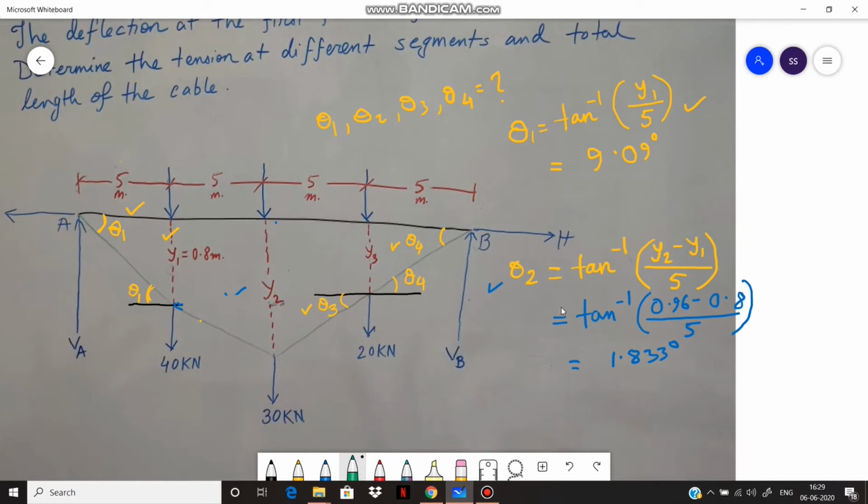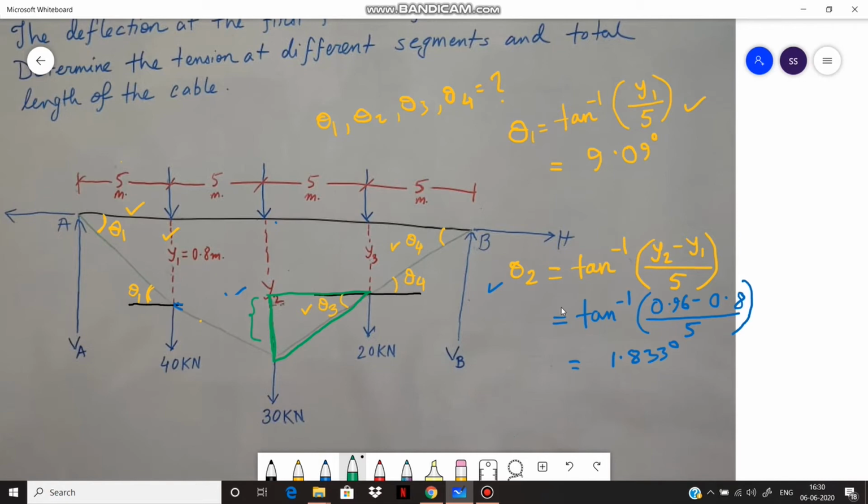Let us first identify the triangle, that is this one. In order to calculate the value of theta 3, we are taking this triangle into calculation. So what is the value of this?